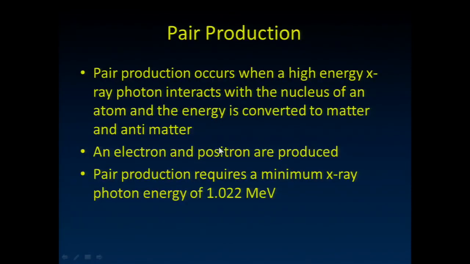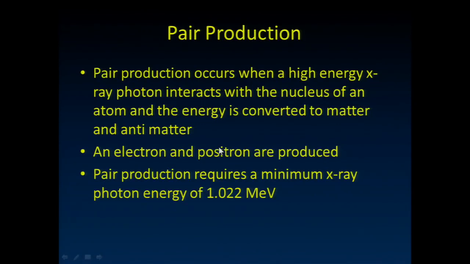Another thing that can happen when you have an energetic X-ray or gamma ray photon is it can interact with the nucleus and produce a pair, ejecting an electron and a positron from the nucleus of the atom. This is pair production. It should make sense that in order for that to occur, you've got to have an X-ray or a gamma ray that's at least 2 times 511 keV, which is 1.022 MeV.